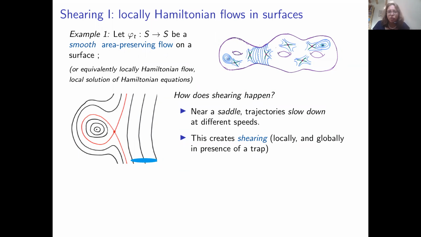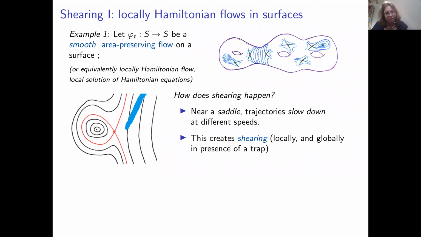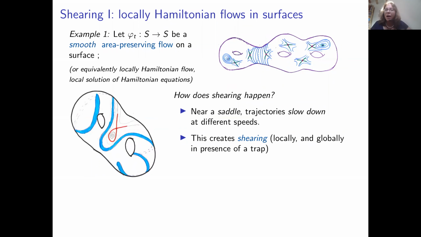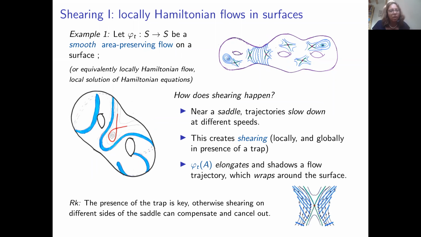And if I have a trap, this shearing is global. So what you see is that the set will shear and stretch, and become long and shadow a trajectory of the flow. Not only that, if a set shadows a trajectory, it will tend to equidistribute if the flow has dense, equidistributed trajectories.